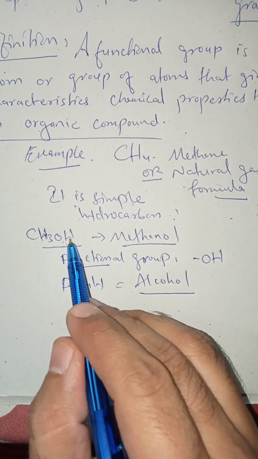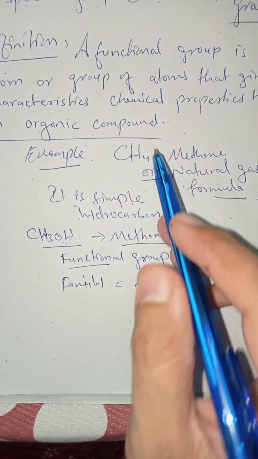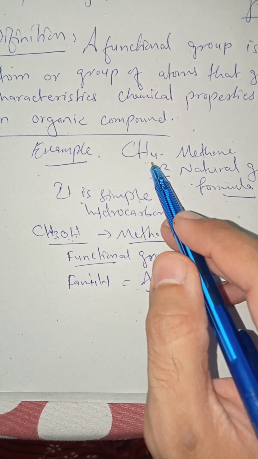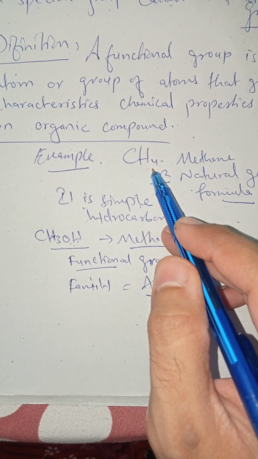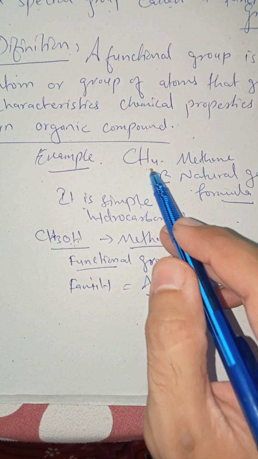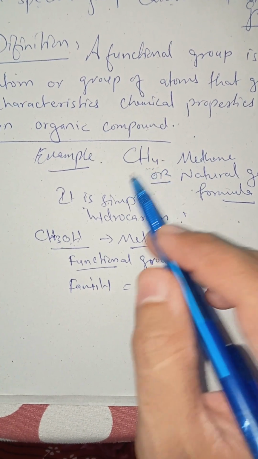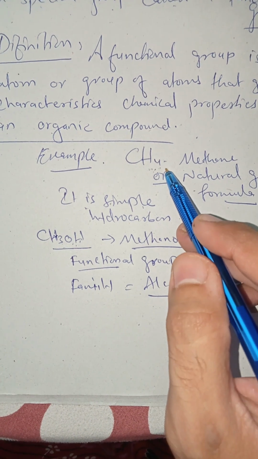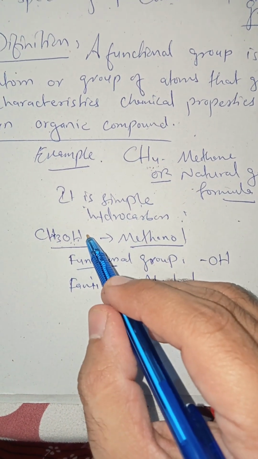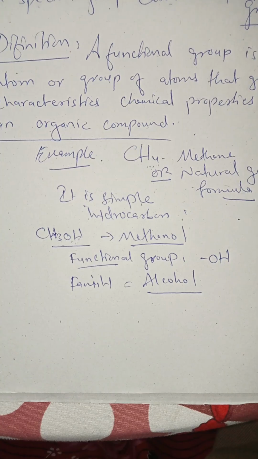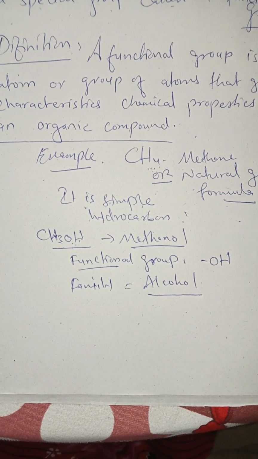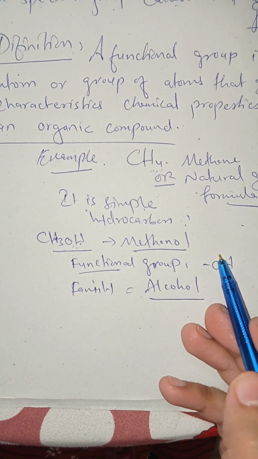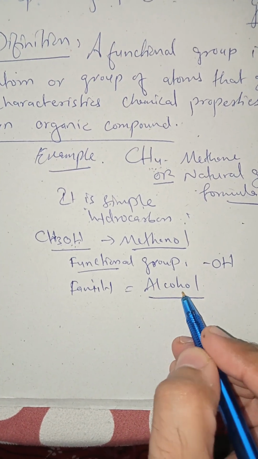When we attach OH, that is a functional group, we must first make an alkyl radical. What is meant by the alkyl radical? Alkyl radical means the removal of one hydrogen from the hydrocarbon chain to make it an alkyl radical, and we will attach on removal of one hydrogen. What will we attach? The functional group, that is OH. OH represents the family of alcohol.